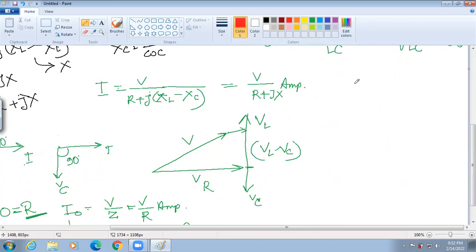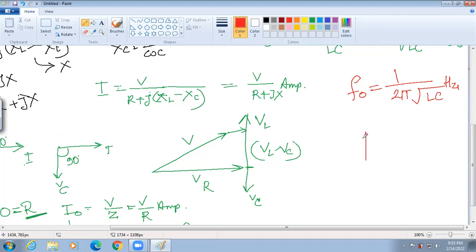So if this frequency is 1 by 2 pi root over LC, this is hertz. Okay. So the vector diagram at the resonance condition, this is the voltage vector diagram.